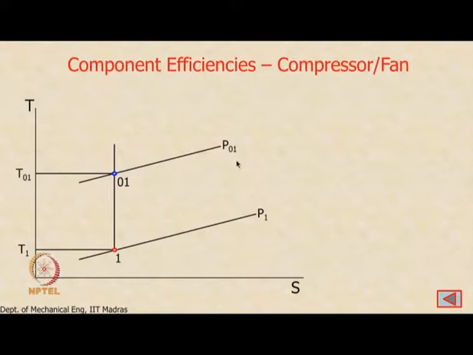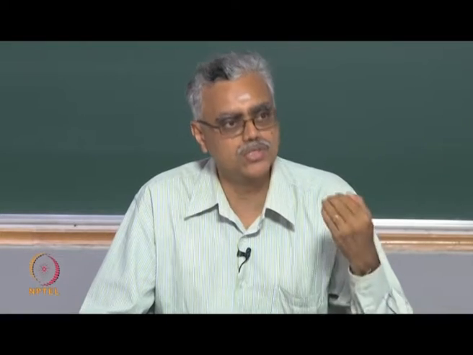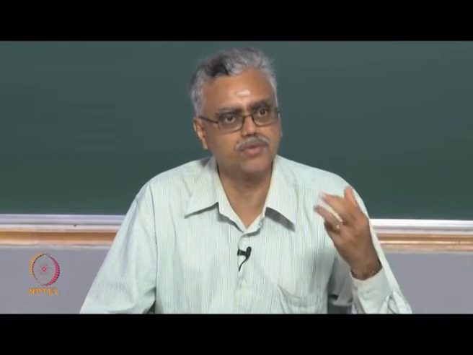Now, in the compressor we are going to add work such that the pressure ratio becomes, let us say, 20, 30 or 40. So, we are adding work in the compressor, right. So, there is going to be a change in stagnation pressure. But how much of this change in stagnation pressure is due to an input of work, and how much is the loss due to irreversibility? That is what we need to look at.